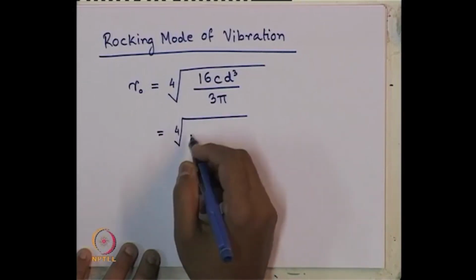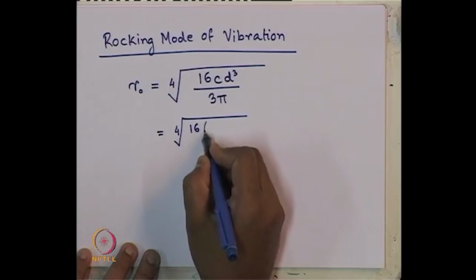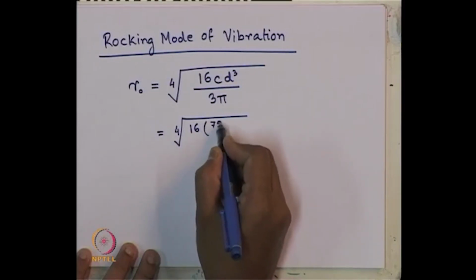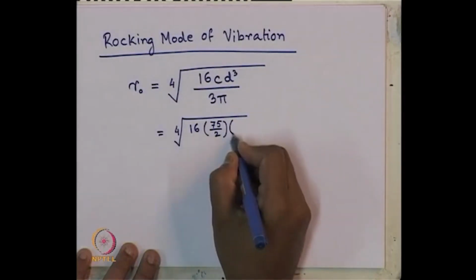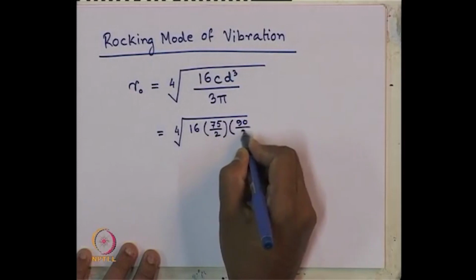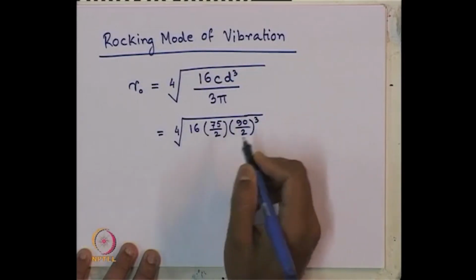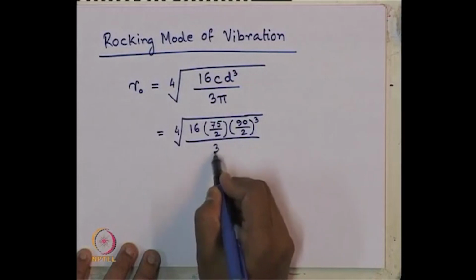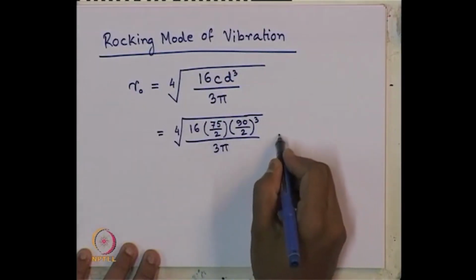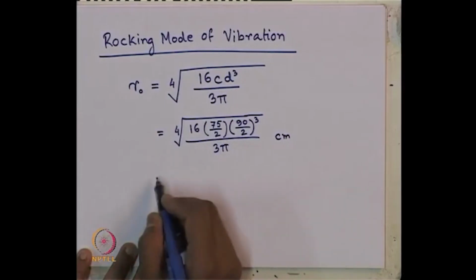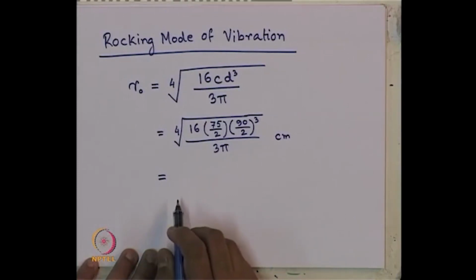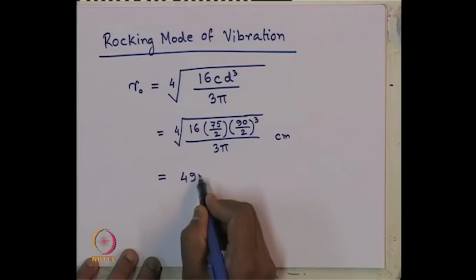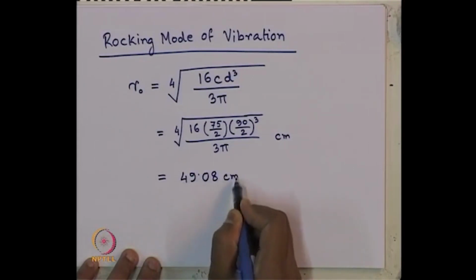So, 4th root of 16, how much is C? 75 by 2. Am I right? And D is 90 by 2, divided by 3 pi, so much of centimeter. If we calculate this, how much are we getting? The equivalent radius for rocking mode is coming 49.08 centimeter.